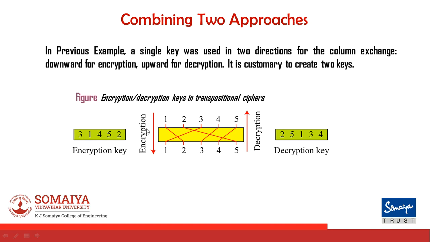Third goes to the first, first goes to the second, fourth goes to the third, fifth goes to the fourth, and second goes to the fifth. When carrying out decryption, it is different: the second goes to the first, fifth goes to the second, first goes to the third, third goes to the fourth, and fourth goes to the fifth. This is the way we can get the key.